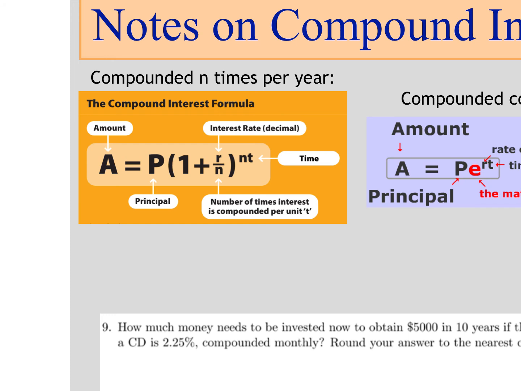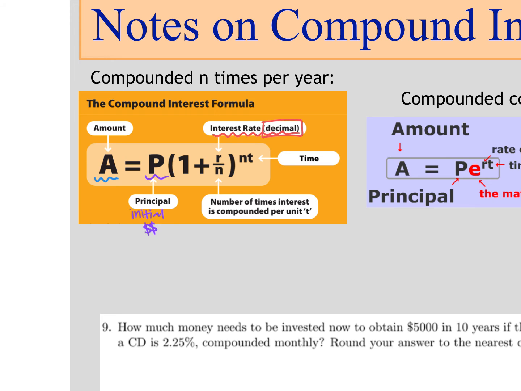The first one is if our interest is calculated a specific finite number of times per year. To find the amount in our account, we're going to take the principal, which is the initial amount in our account, times 1 plus the interest rate, and this will depend on your account, always in decimal form, divided by n, where n represents the number of times per year that interest is being calculated.